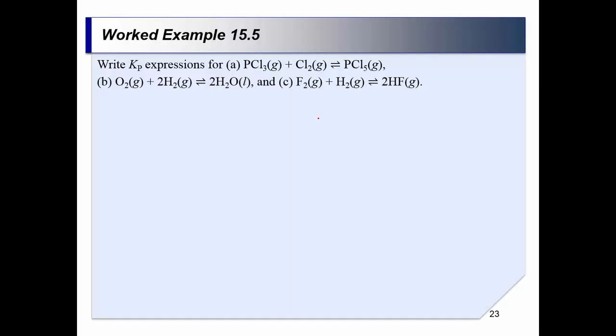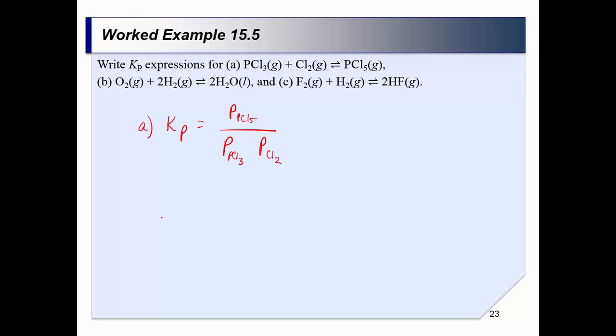So for example, let's write Kp expressions for these equations. So for A, my Kp is going to be the partial pressure of PCl5 divided by the pressure of PCl3 times the pressure of Cl2.